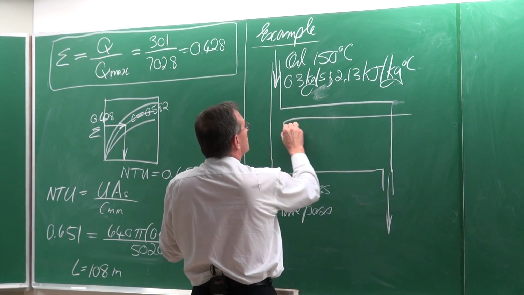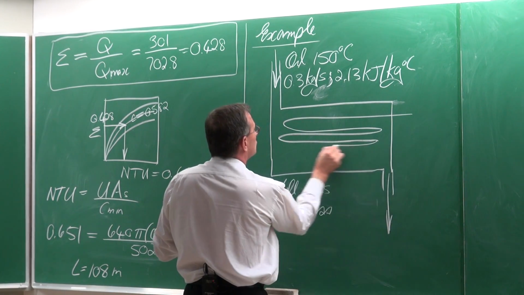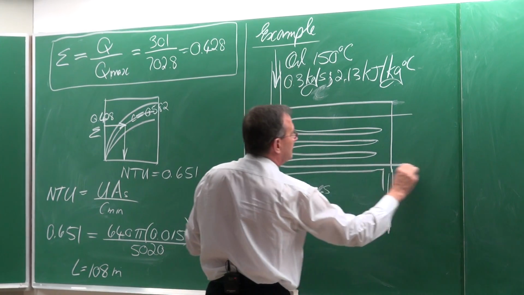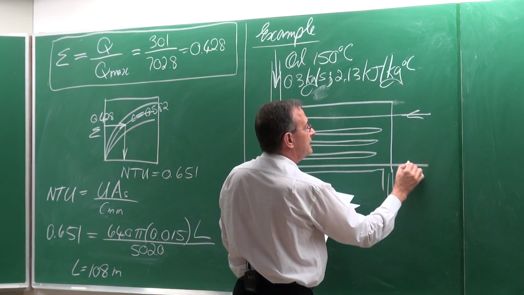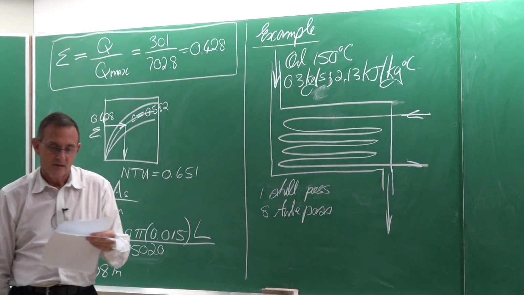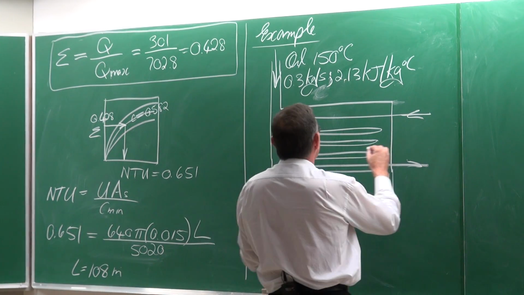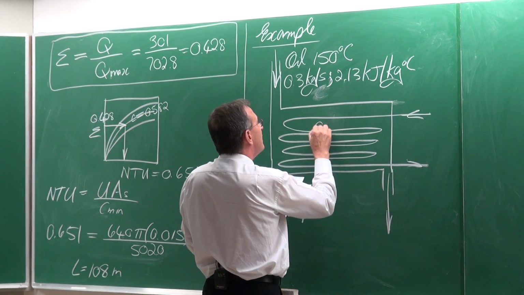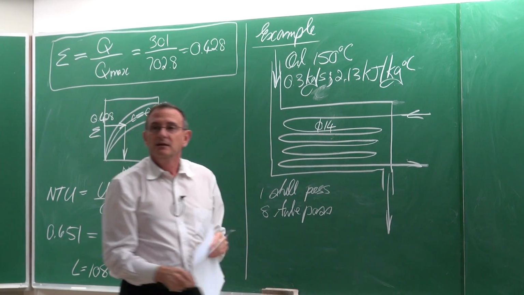This is now the tubes, 1, 2, 3, 4, 5, 6, 7, and 8, going in and out. The tube diameter is 14, thin tube.